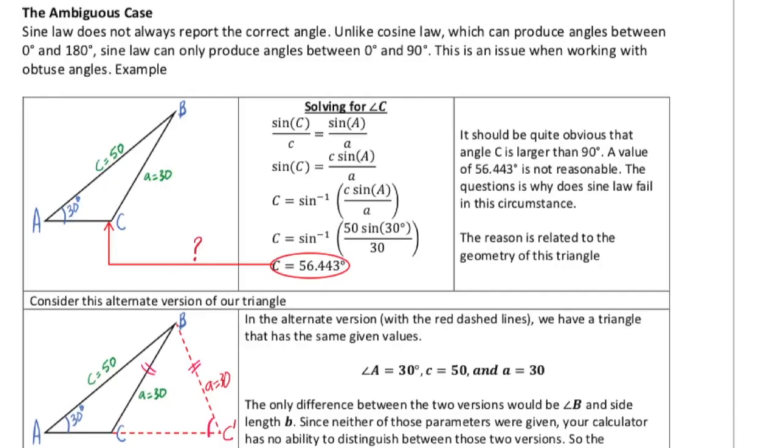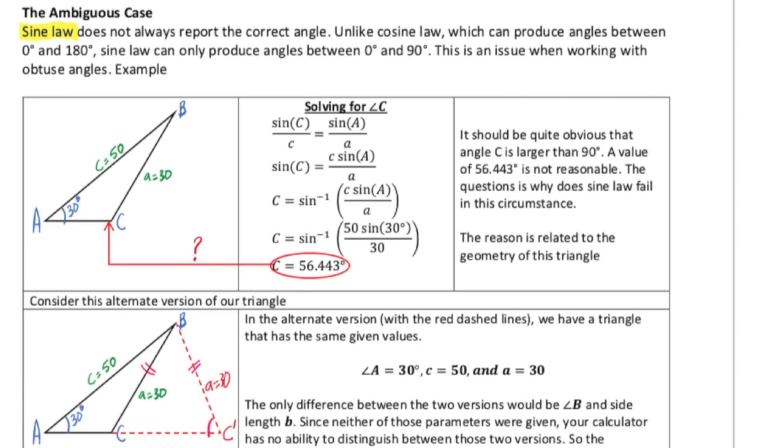The next topic of discussion specifically is related to sine law. Sine law is the easier of the two mathematically to manipulate, but sine law does have a limitation. There are some circumstances where sine law will actually report an incorrect angle. The reason has to do with the nature of sine.